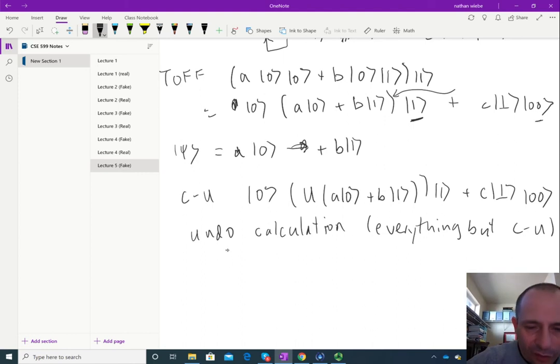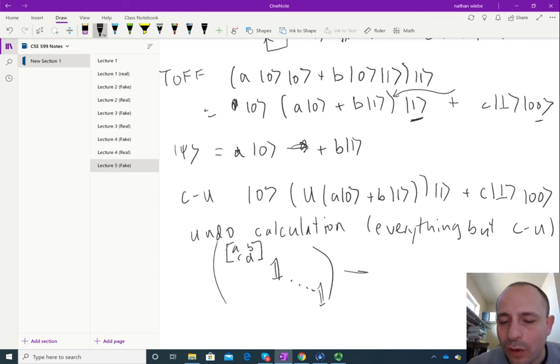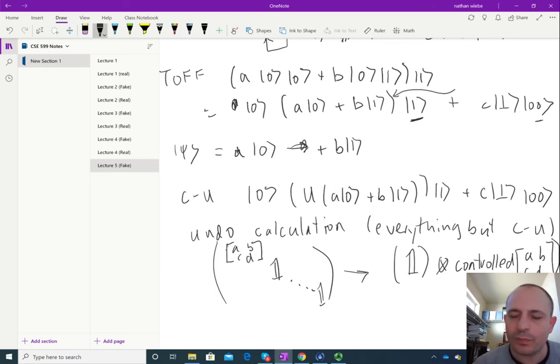That ends up causing us to go from this representation, where we had our information, say, in a block, down here to a larger matrix, to a transformation that ends up going like identity tensor a controlled A, B, C, D. Okay, so that is basically how this whole construction ends up working, and gives us a way that we can implement a unitary transformation on any two-dimensional subspace.